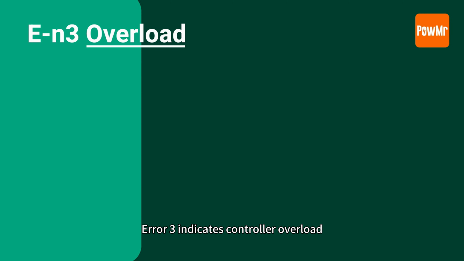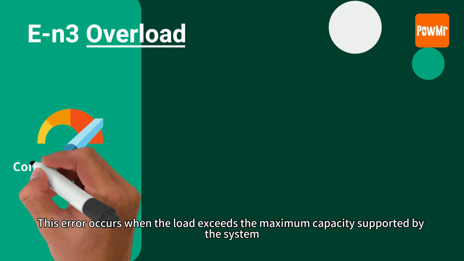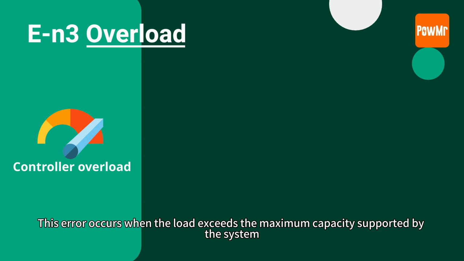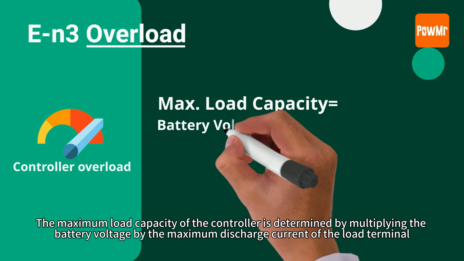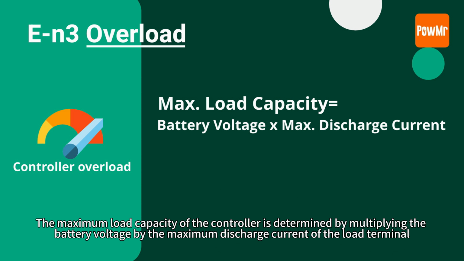Error 3 indicates controller overload. This error occurs when the load exceeds the maximum capacity supported by the system. The maximum load capacity of the controller is determined by multiplying the battery voltage by the maximum discharge current of the load terminal.